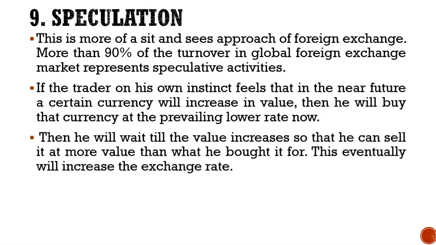Then he will wait till the value increases so that he can sell it at more value than what he had bought it earlier. This eventually will increase the exchange rate. Thus, speculation plays a very important role in determining the exchange rate.